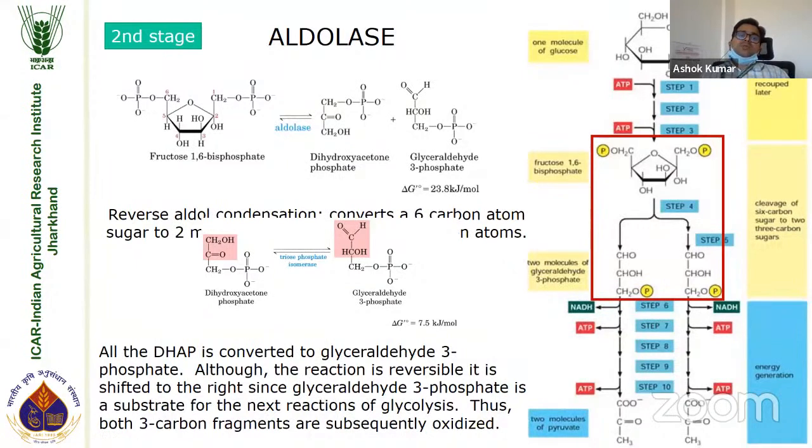In the presence of aldolase, this fructose 1,6-bisphosphate does not get hydrolyzed, it gets split into dihydroxyacetone phosphate and glyceraldehyde 3-phosphate. Aldolases are a class of enzyme which does not involve any water molecule.